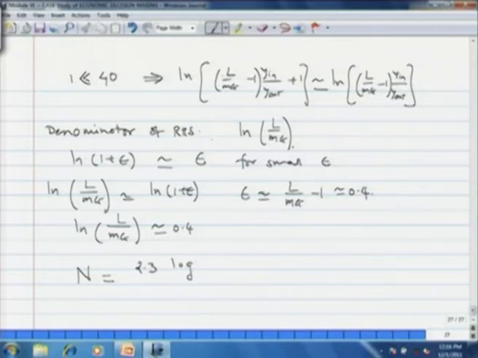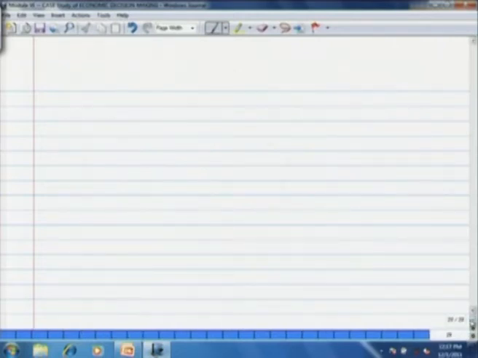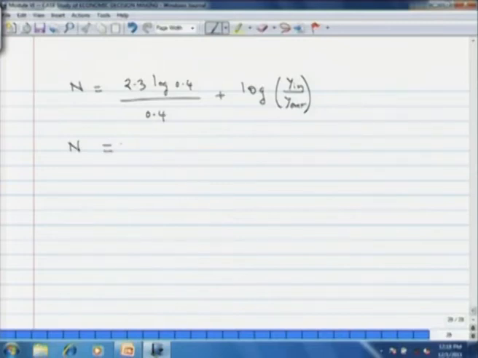Now, we are replacing ln by log, so we have to multiply by 2.3 log of L by mg minus 1 into y in by y out divided by 0.4, and then we can say that n is equal to 2.3 log of 0.4 divided by 0.4 plus log of y in by y out, n is equal to, further simplification.